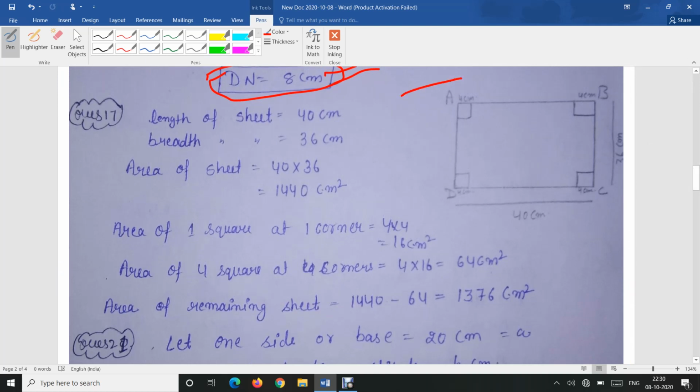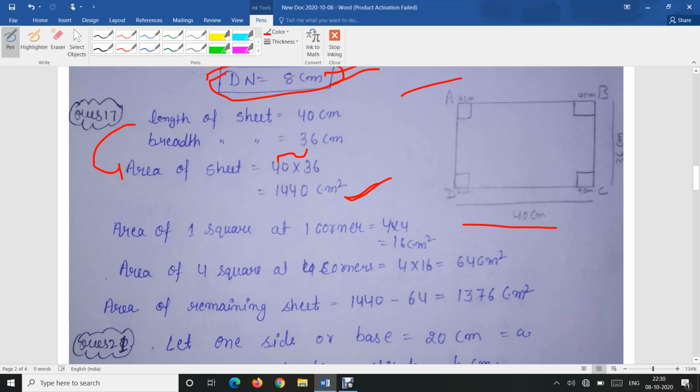This is a rectangular sheet, which has the dimensions 40 centimeter and 36 centimeter. So first of all you have to find the area of this rectangular sheet, which is length multiplied by breadth, which is equal to 40 multiplied by 36, and it will be equal to 1440 centimeter square. That means area of the total sheet is 1440 centimeter square.